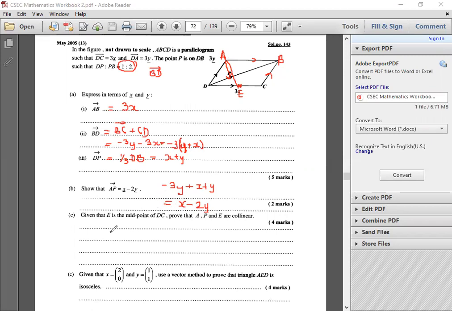Now AE is equal to AD plus DE. Work that out for me and tell me what you get.